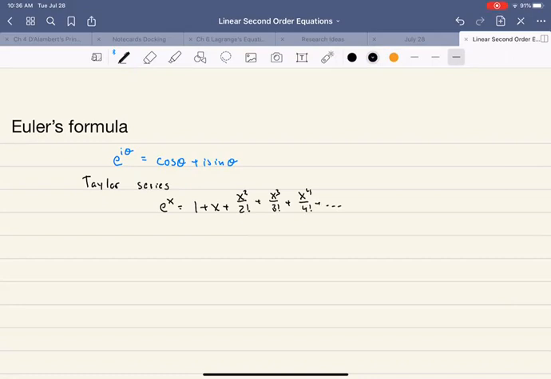You should also remember the one for cosine of theta, or x. Cosine of x, remember, is the even ones. So it starts at 1. Minus, let me rewrite that. And it's all the even ones in alternating form.